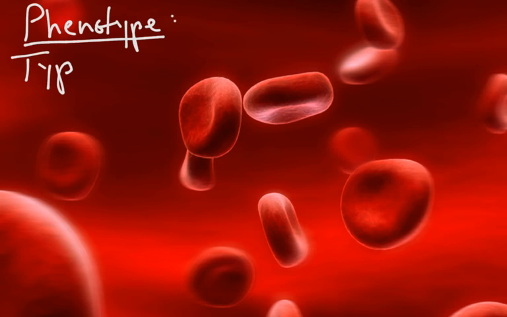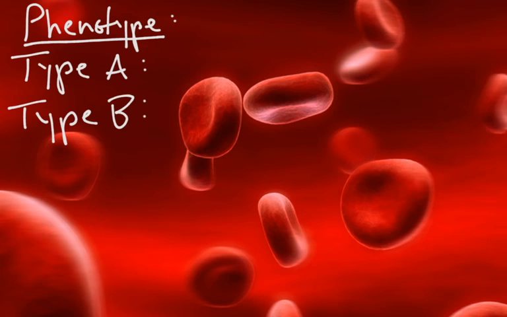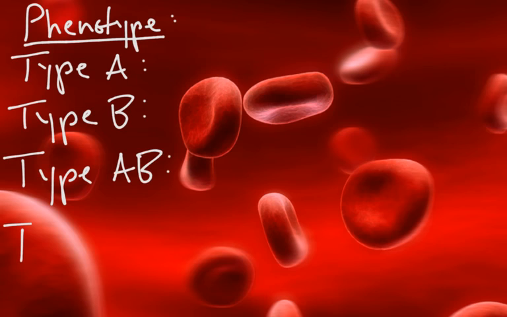You can be type A, you can be type B, you can have type AB, or you can be type O. So those are our 4 phenotypes.